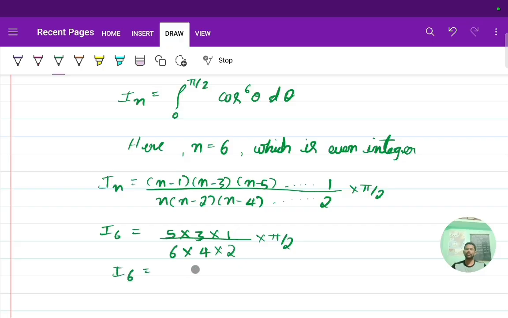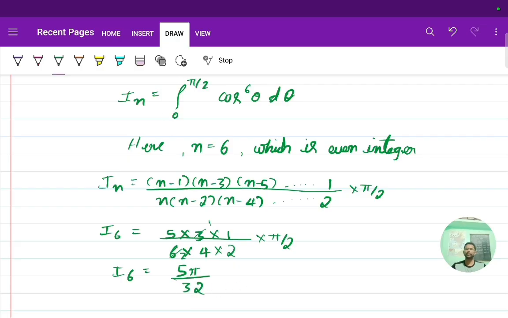So I_6 is equal to 15. You can cancel here: 3 ones are 3, 3 twos are 6. Then 5 pi divided by 4 into 2 is 8, 8 into 2 is 16, right? Here also there is 2, 16 into 2 is 32.